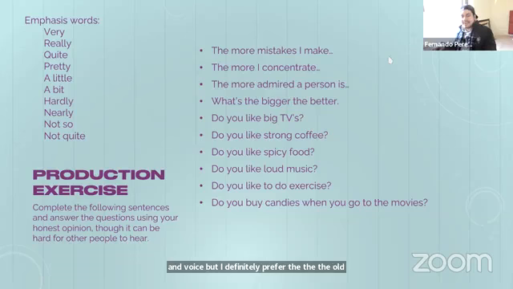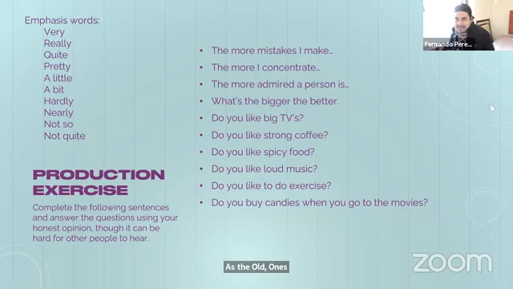This is when I need to use an emphasis word such as not quite. I know that my truth is very hard for some people, especially for younger kids. The younger people love the new Marvel movies, but to me, the new ones are not quite as good as the old ones. So I'm giving a very specific opinion with a hard intention. It's difficult for people to hear it.